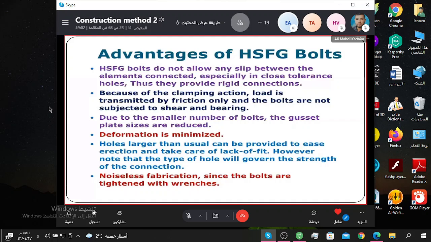Deformation is minimized. Holes larger than usual can be provided to assist erection and take care of lack of fit. However, note that the type of hole will govern the strength of the connection. Less fabrication noise, since the bolts are tightened with wrenches.